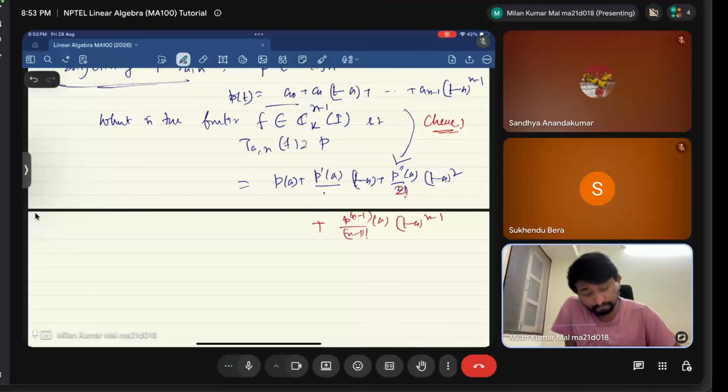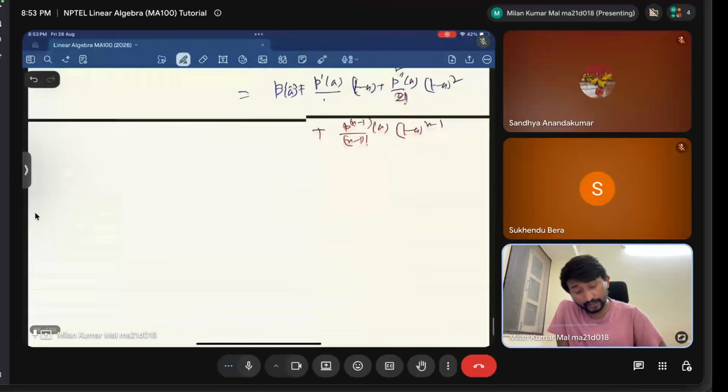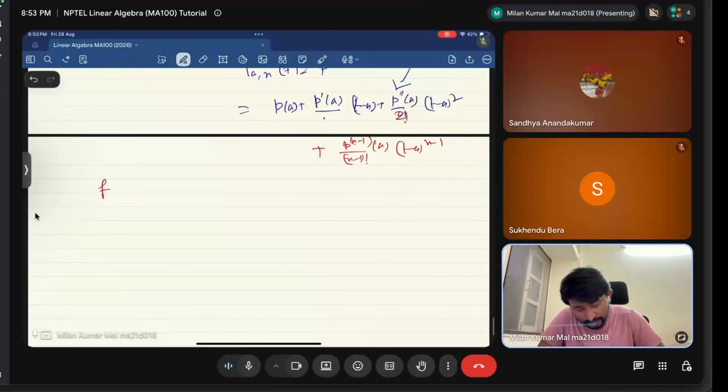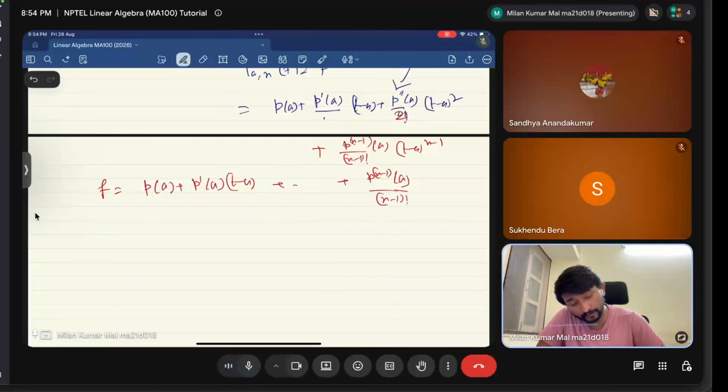So the function for which this happens, f, is nothing but p(a) plus p'(a)(t minus a) plus, all the way, the (n minus 1)th derivative of p at a over (n minus 1) factorial times (t minus a) to the power n minus 1.